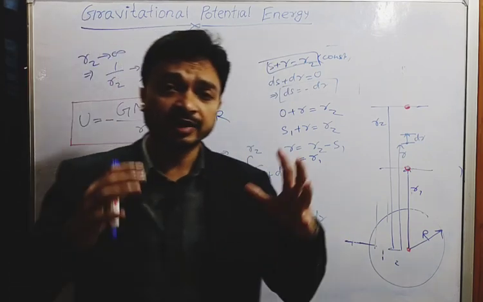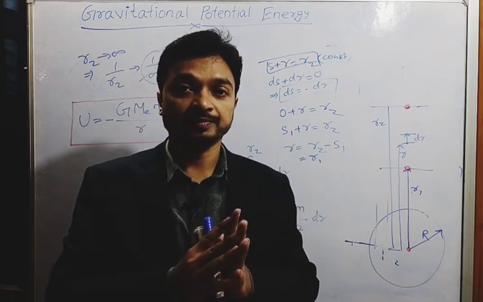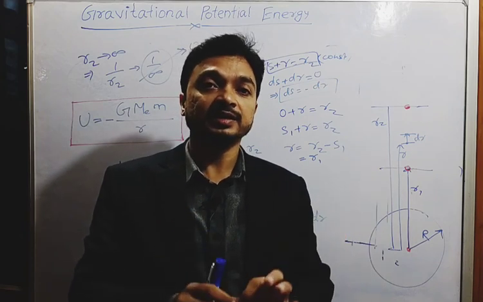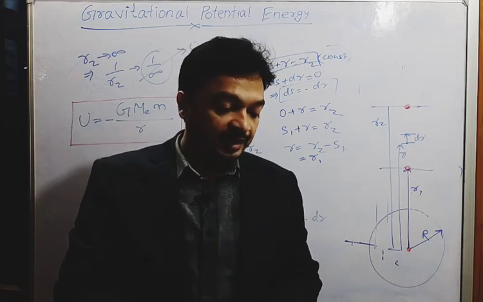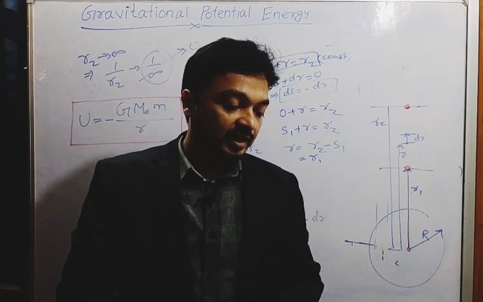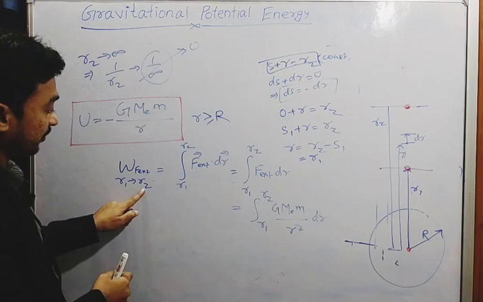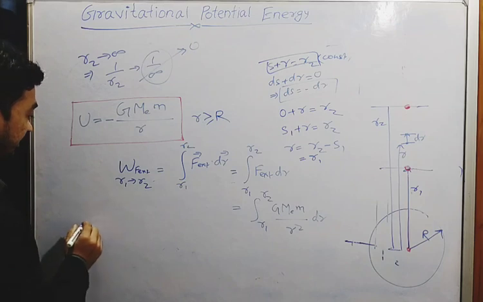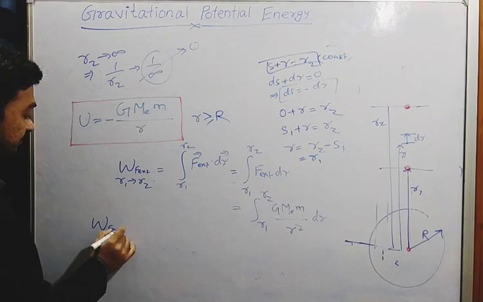That means in a conservative field, no matter what path you followed, the work done by the gravitational field is always same between two same points in magnitude. Work done from R2 to R1 is this, but we are interested in work done by external force from R2 to R1.